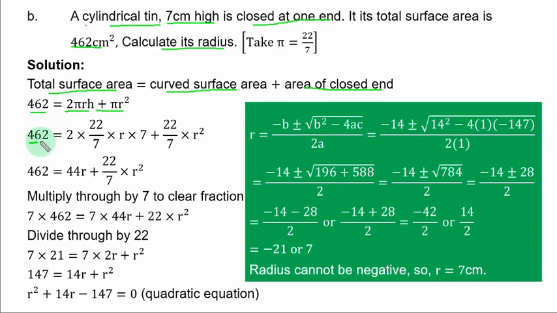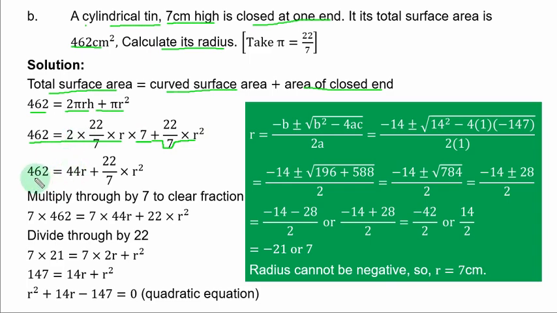So you have 462 equal to 2 times pi, which is 22/7, times radius unknown, r, times height. Height is 7, plus pi again, 22/7 times r squared.